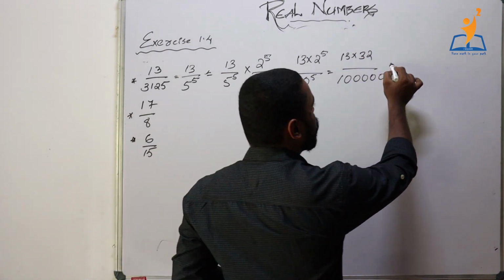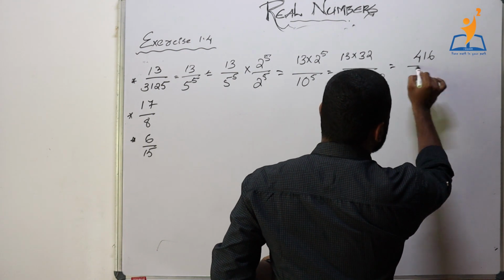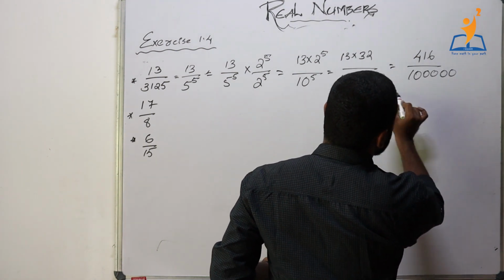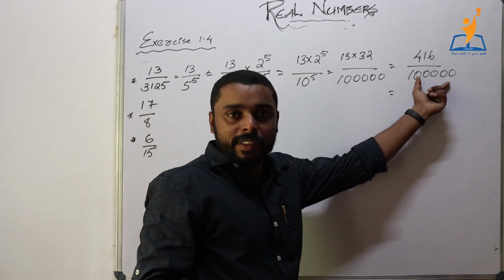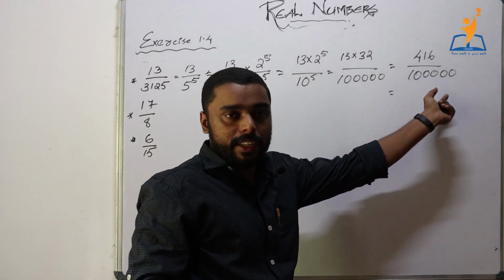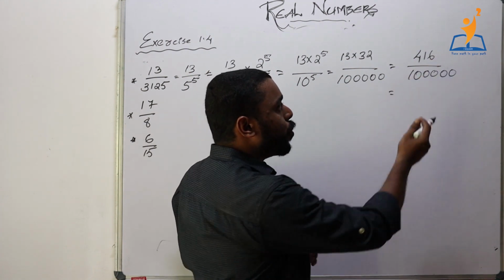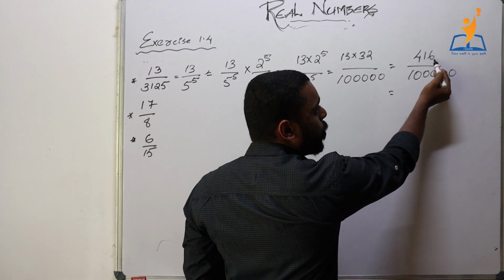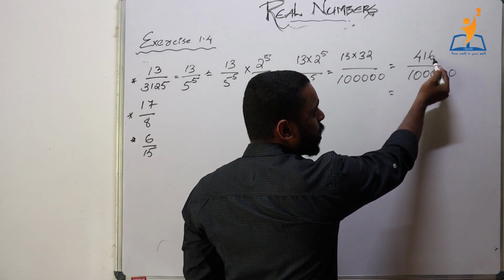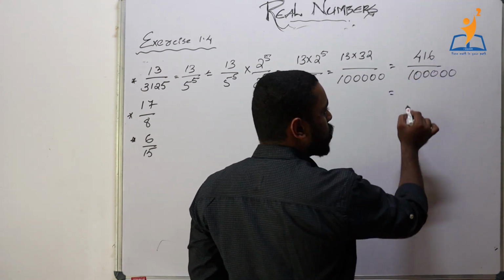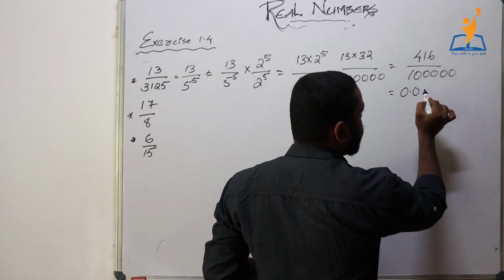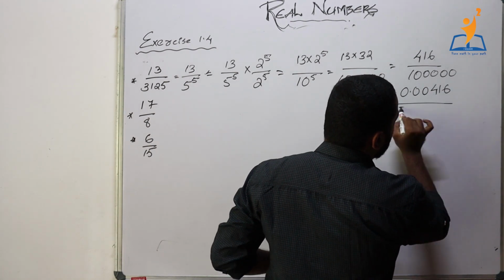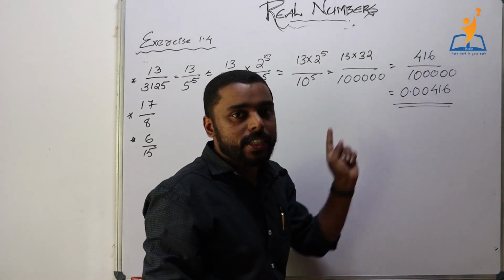It is equal to 416 divided by 1 lakh. See, we have 5 zeros in the denominator. So in order to find the actual decimal number, it is enough to shift the decimal point 5 places to the left. So we have 0.00416, because we shifted 5 places to the left.